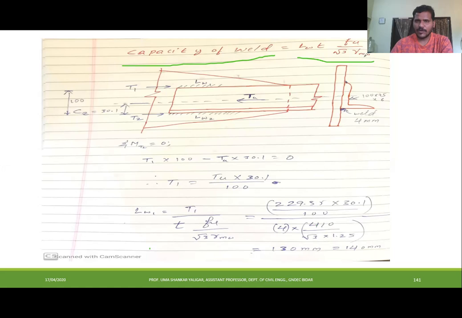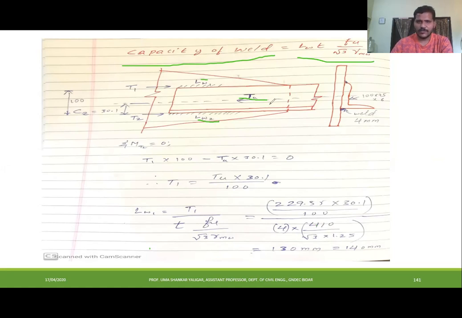This is the formula we use to calculate the strength of the weld. Now, we know that this is one angle section connected to a gusset plate, and this is how it will look in your plan. This is Lw1, this is Lw2, and here is our tensile force Tu, and here is T1, and here is T2.